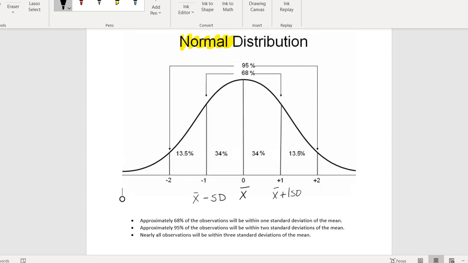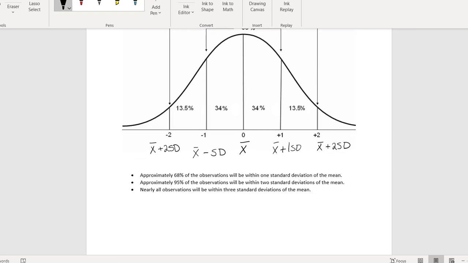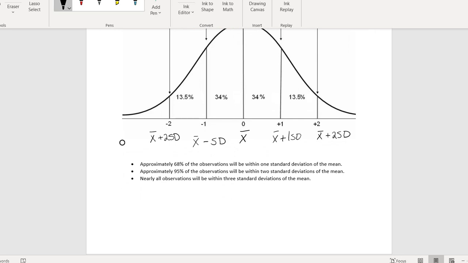If we extend out that interval to 2 standard deviations, we're going to capture even more of our data. The empirical rule says that we're going to capture 95% of our data. So 68% of our data is going to be within 1 standard deviation, 95% within 2 standard deviations, and almost all of our observations are going to be within 3 standard deviations, aka about 99%.